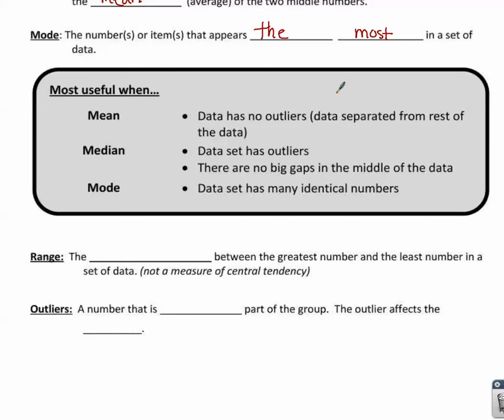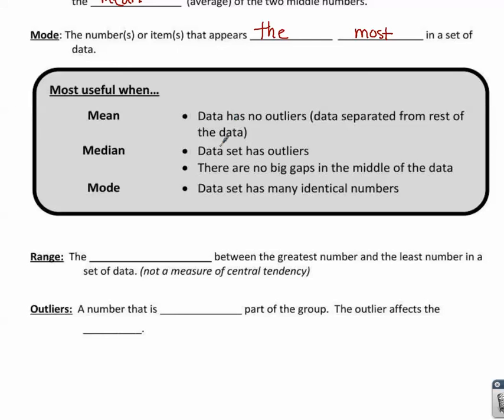When this happens, you cannot use the mean to describe the set of data because it'll skew it to a lower average. You would have to use the median to describe your class test scores.